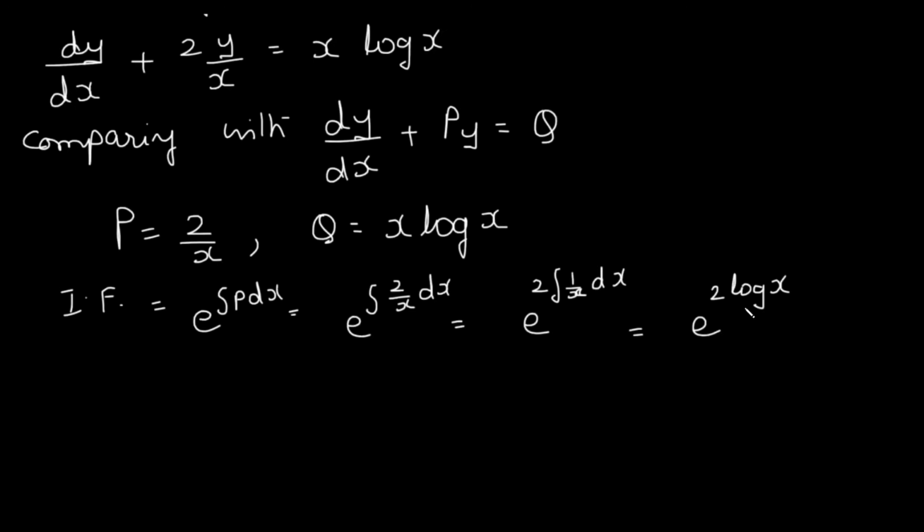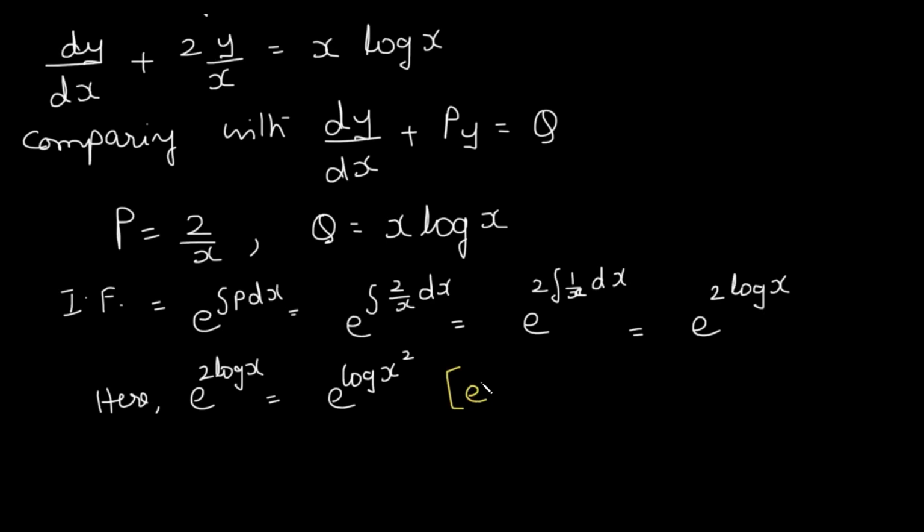But this we can simplify even further. So e raised to 2 log x can be written as e raised to log x the whole square, log x square, because as you know the number which is multiplied with the logarithm can be written as a power over here. So e raised to log x square. Now remember one very basic rule which I am going to tell you.